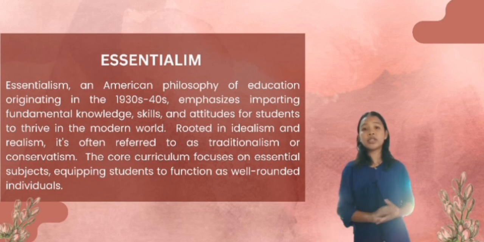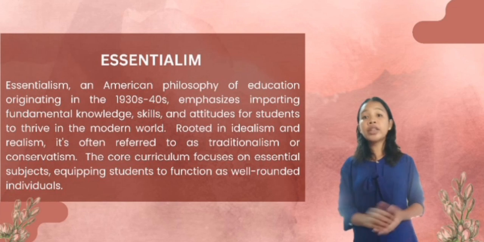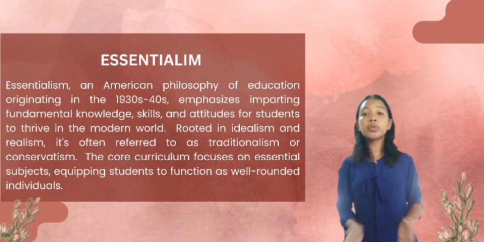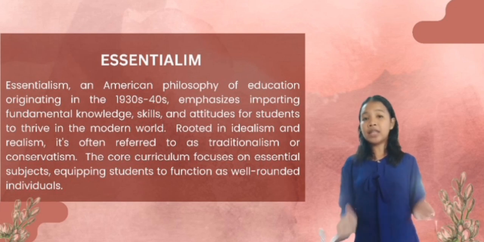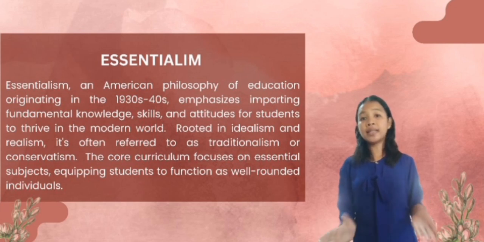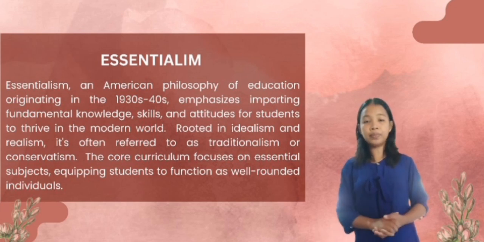It is often called traditionalism or conservatism. It is an educational theory that believes that the purpose of schooling is to impart necessary knowledge, skills, and attitudes to enable young people to function as fully developed human beings in the modern world. Essentialism basically teaches the basic subjects or the core curriculum.